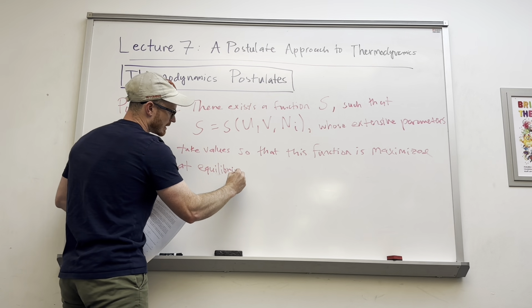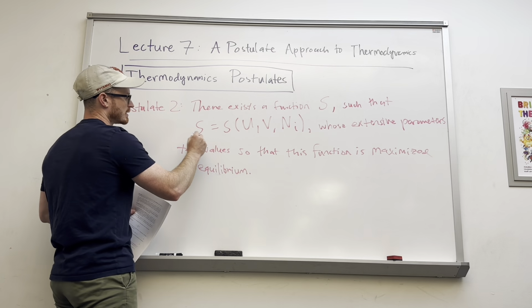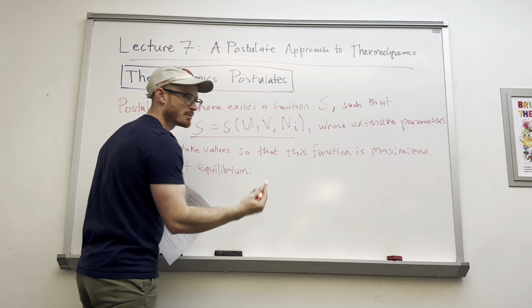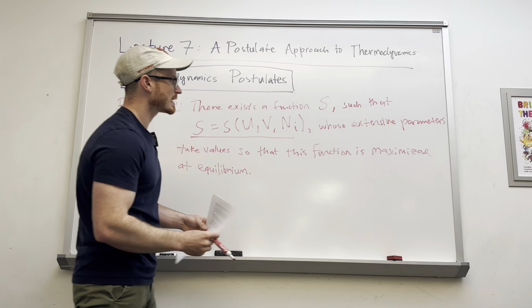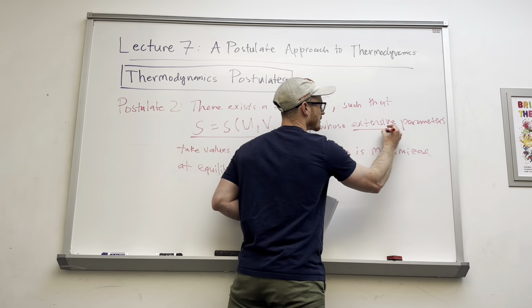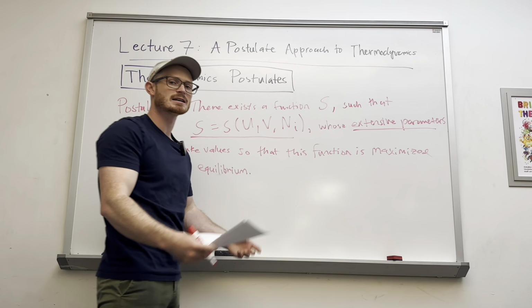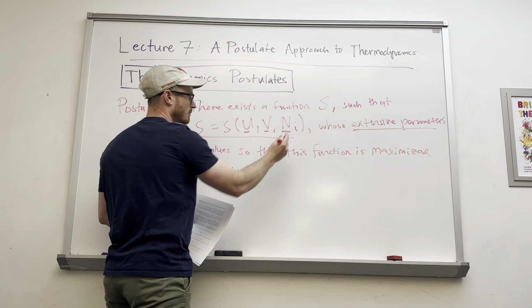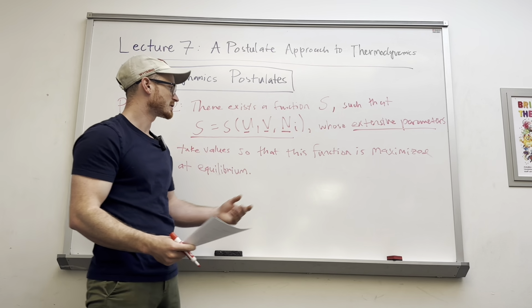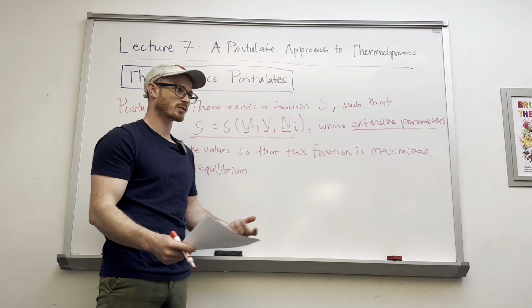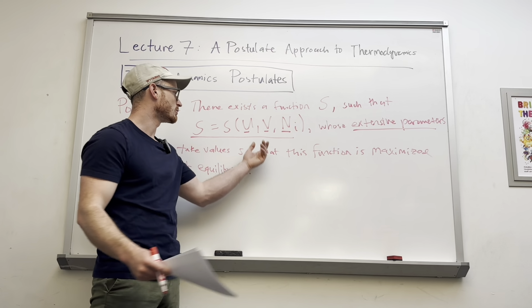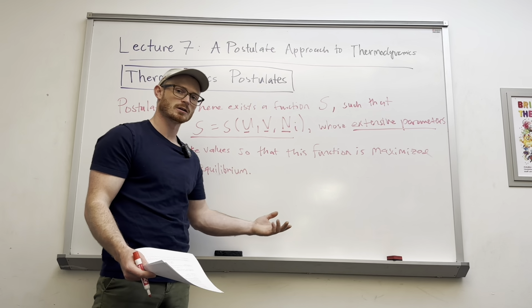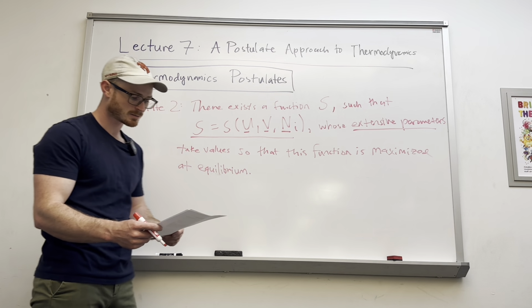So if we are in an equilibrium state, this function S is at a maximum, and when we say its extensive parameters, these are parameters that depend on the size of the system. That includes U, V, and N, right? If you double the size of your system, you double the number of particles, you could double the volume, double the internal energy. These are extensive parameters.